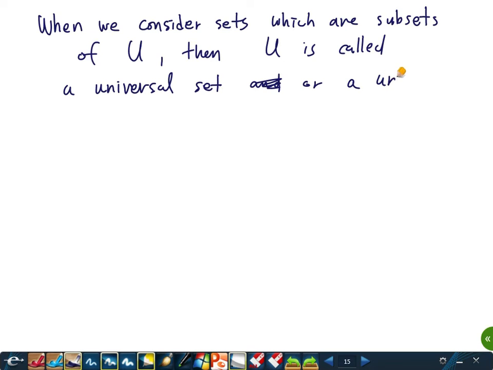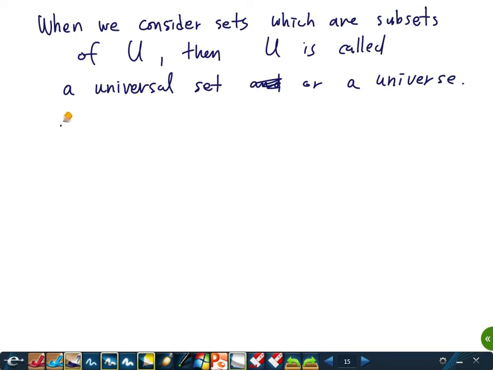Universe is just a terminology. So instead of considering all sets, we just fix some set U and consider subsets of U. In this case, we will say U is a universal set.